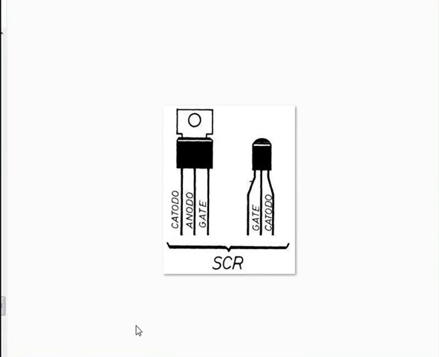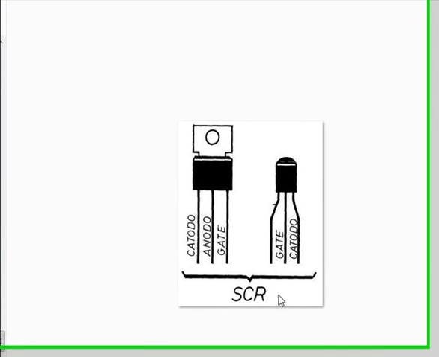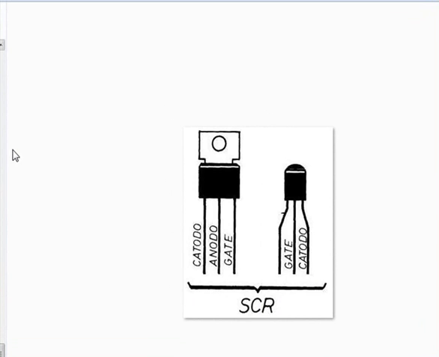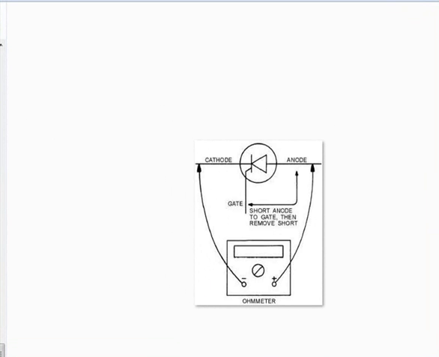And the leads in the smaller types also are like this, where small transistor-like items are also SCRs. As far as the testing of the SCR is concerned, the process to be followed is this.